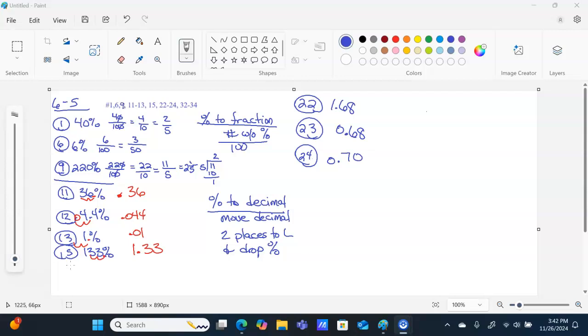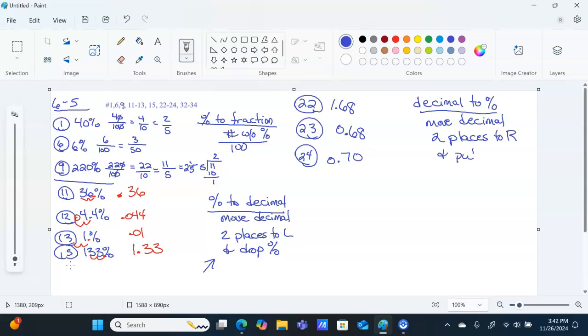Okay, 22 through 24, we are going from decimal to percent. So we are doing the opposite of what we just did right here. So we're going to move the decimal 2 places to the right and put in the percent symbol.